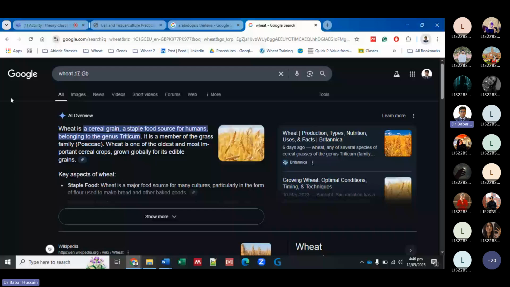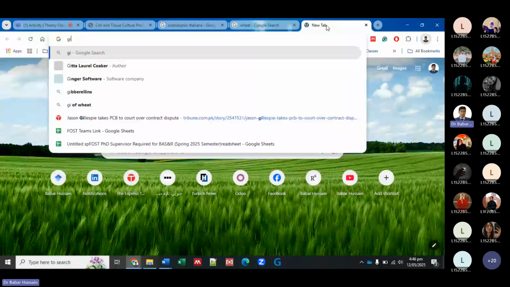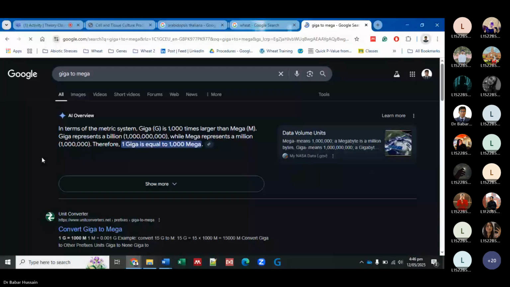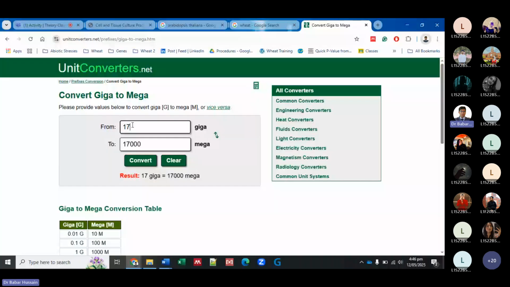So it means that if you say giga to mega, 17 gigabases, it means it is how much? 17,000 megabases.